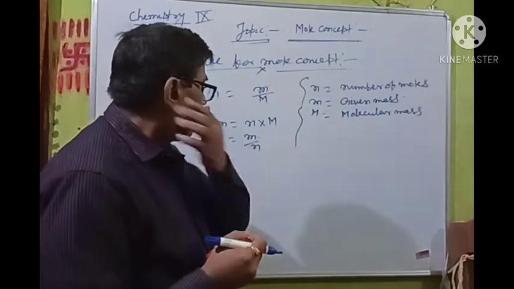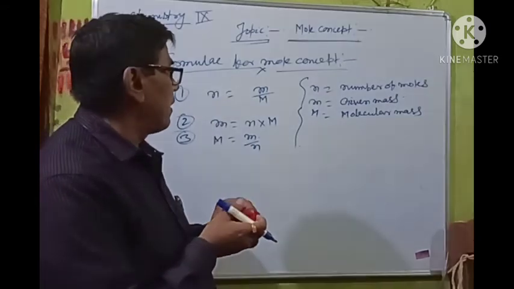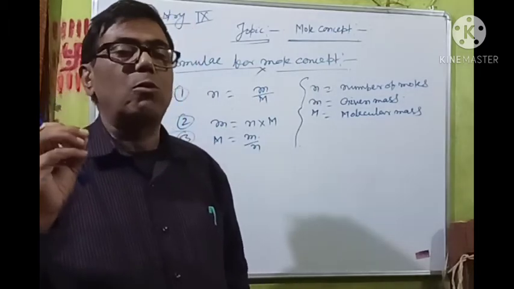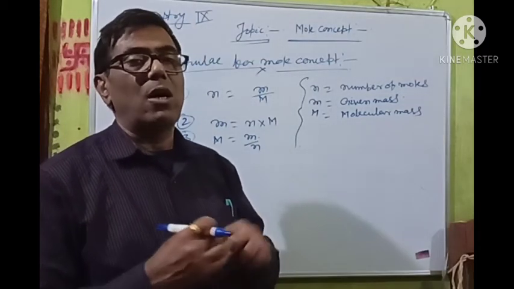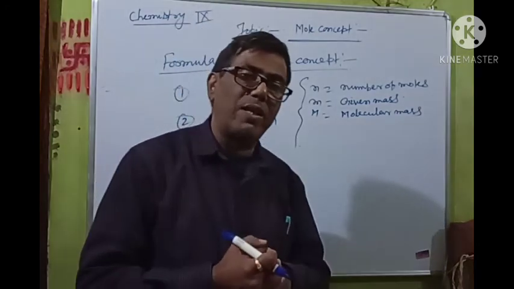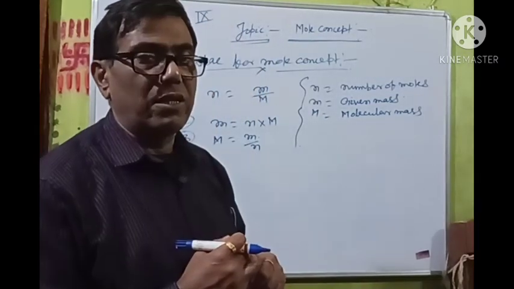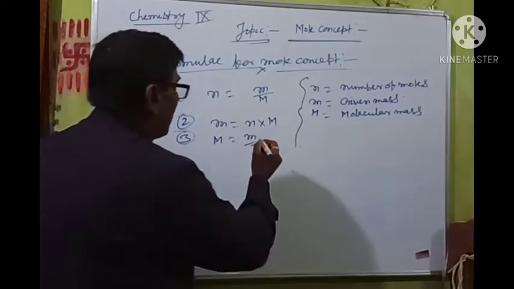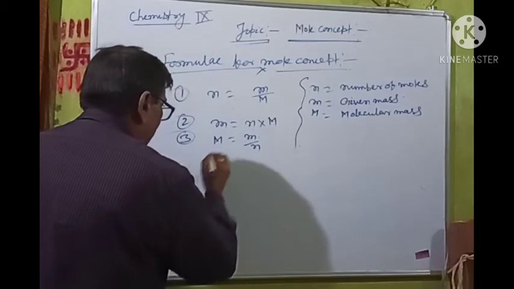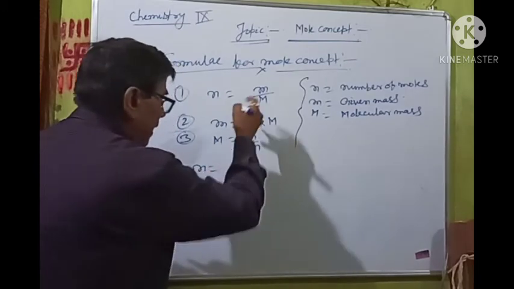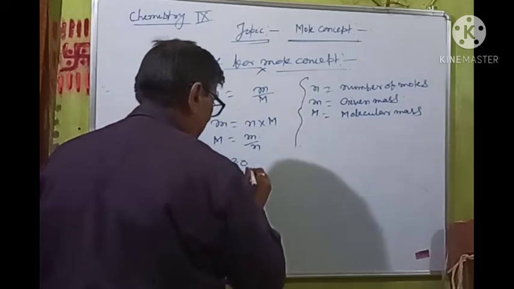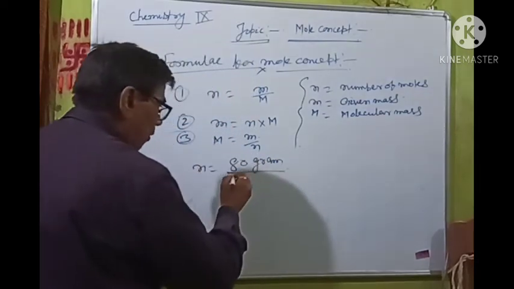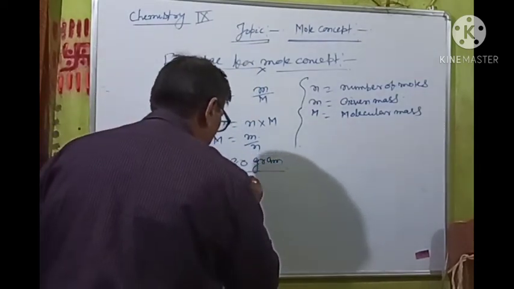For example, the given mass of oxygen is 80 gram of molecules of oxygen. Then what is the number of moles? So here n is equal to given mass, 80 gram, divided by the molecular mass of oxygen.